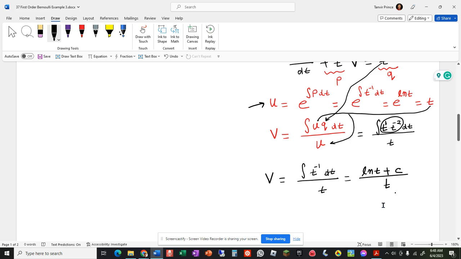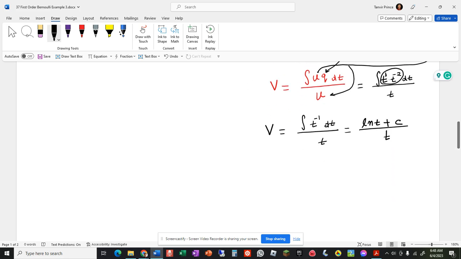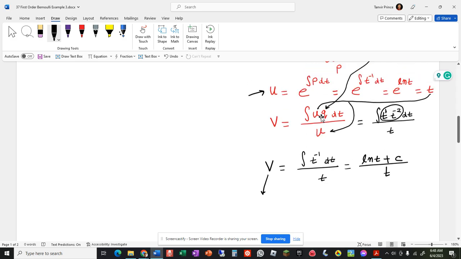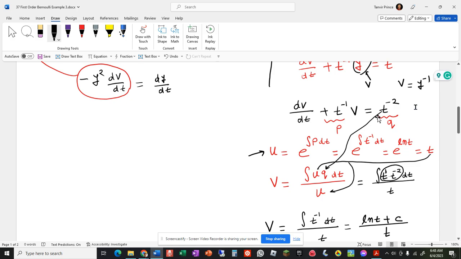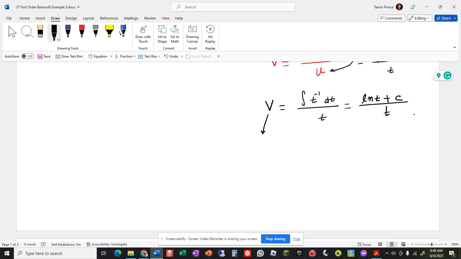So let's continue here. So I can replace v by, remember, v is y to the power negative 1, right? So let's replace v by y to the power negative 1. So y to the power negative 1 is actually just 1 over y. So let me just write 1 over y equal to this. So I can actually flip around and find my y.